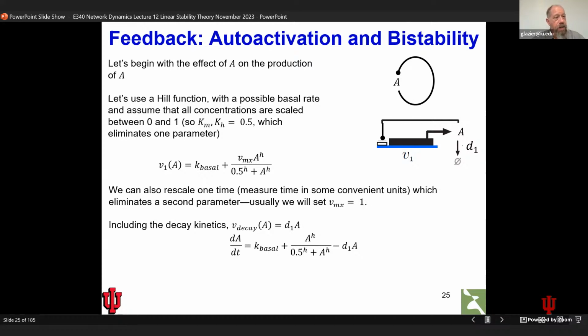And so I'll write the rate of production of A as a basal transcription rate, K basal, plus V max, A to the H over 0.5 to the H plus A to the H. And the choice of 0.5 as my scaling factor doesn't really make any difference. I could have picked 1, I could have picked 10, that wouldn't change anything.